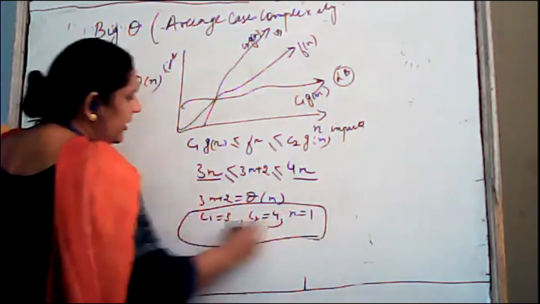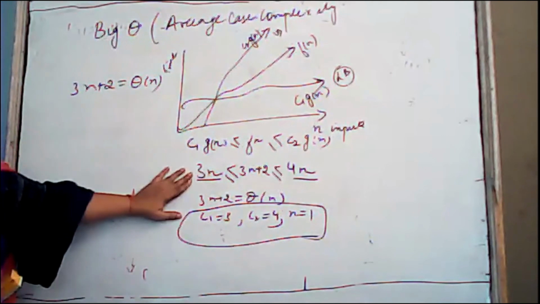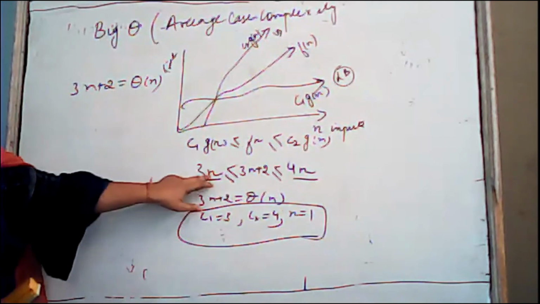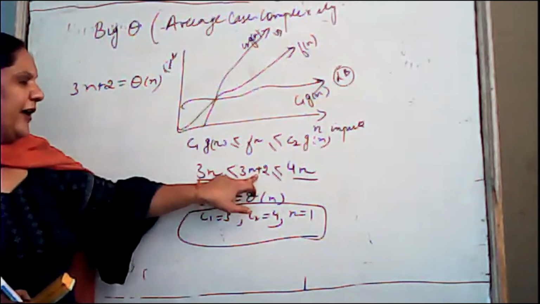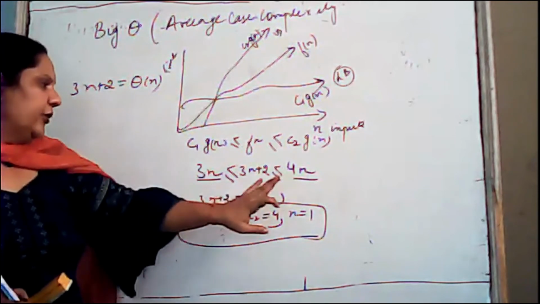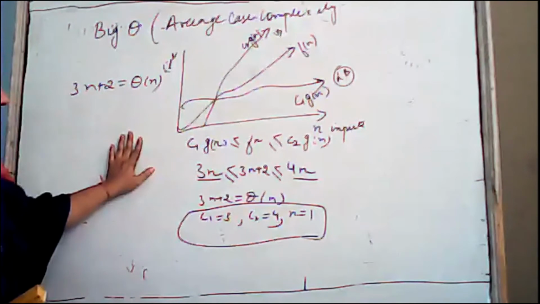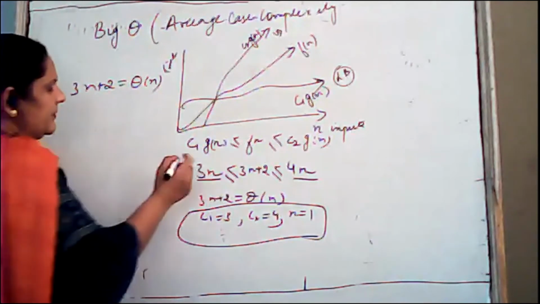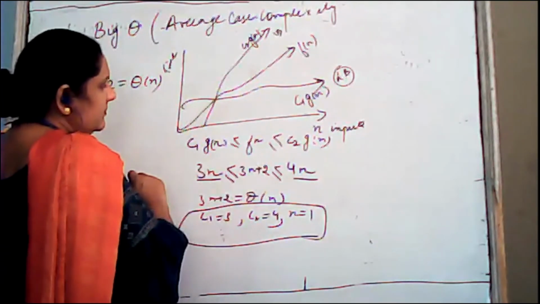This condition will hold if you substitute the value of n here: 3 is less than 3 plus 2, that is 5. 5 is less than 4 into 1, that is 4n. Just wait.